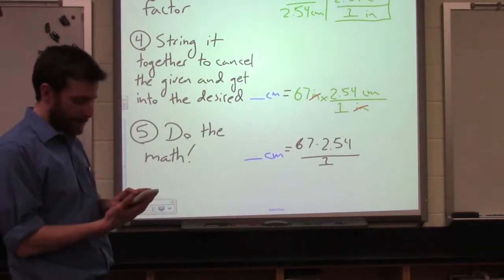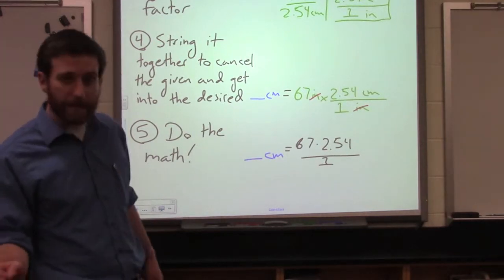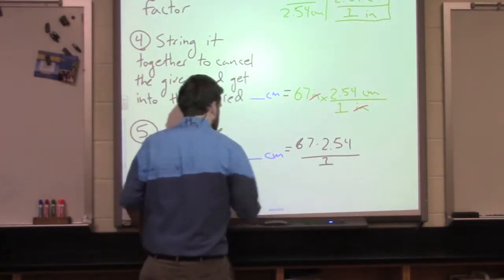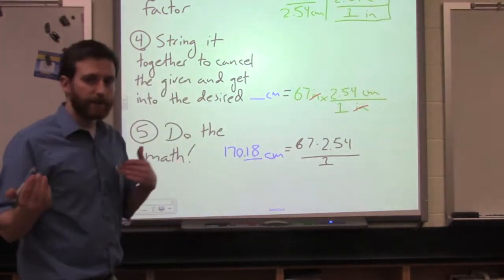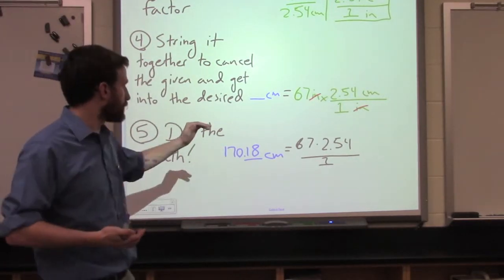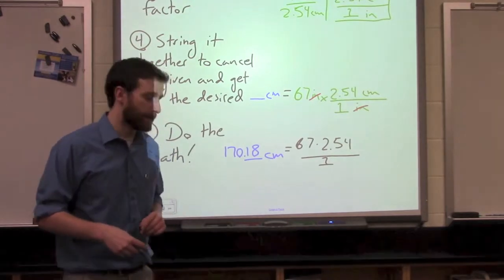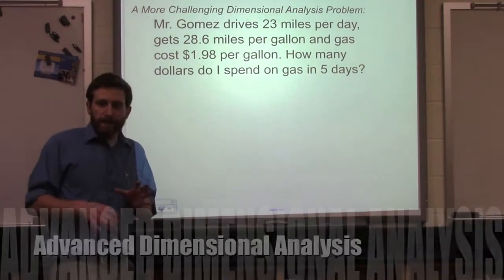Go to the calculator, 67 times 2.54 equals 170.18. So the answer to this dimensional analysis question, my height expressed in centimeters, is 170.18.